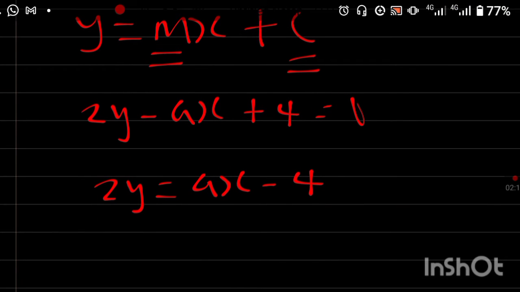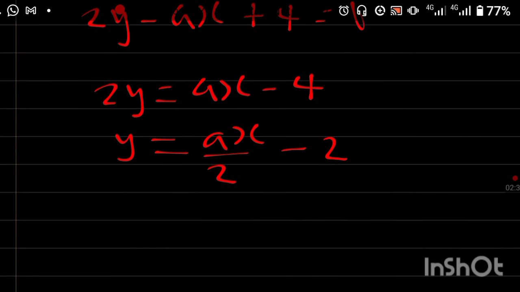We are supposed to have just y. We have to divide through by 2. I have y is equal to ax over 2 minus 4 divided by 2, minus 2. I'm done with the first equation. And in this equation, equation 1, the slope of this equation will now be equal to a over 2.